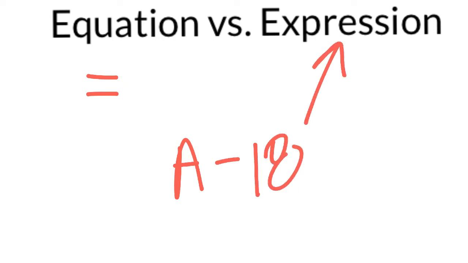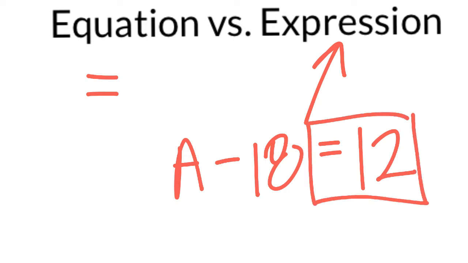That would be an expression because there's no equal sign. If it said a number minus 18 is 12, then I would have a minus 18 equals 12. Now, because of the equals 12, it becomes an equation. So that's the only difference.